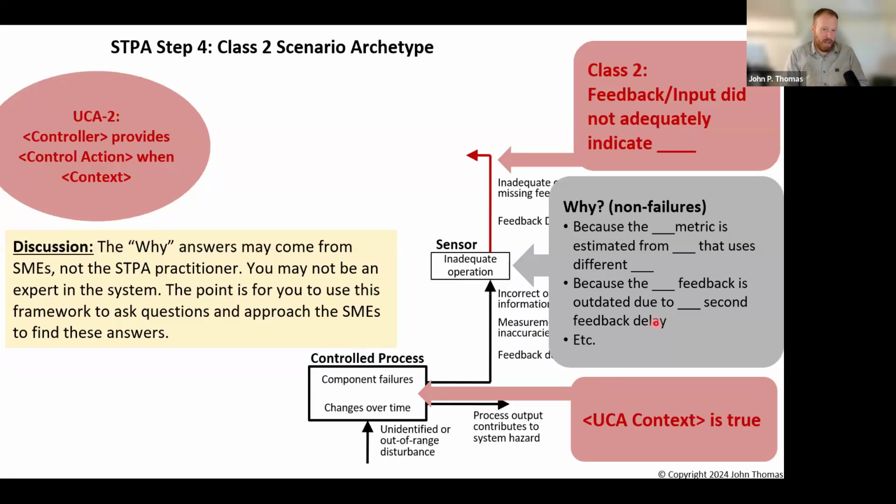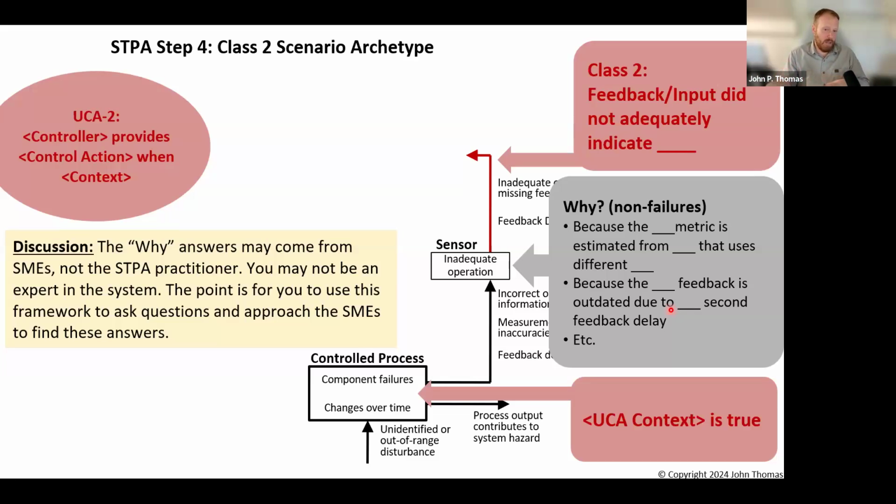These why answers in gray, right? So this is refining the basic scenario, and may come from the SMEs, not always the STPA practitioner. So don't feel like the STPA person has to have all the answers. In really complex projects, there's no one person that knows everything. So typically, we'll talk about this at the end of the seminar.